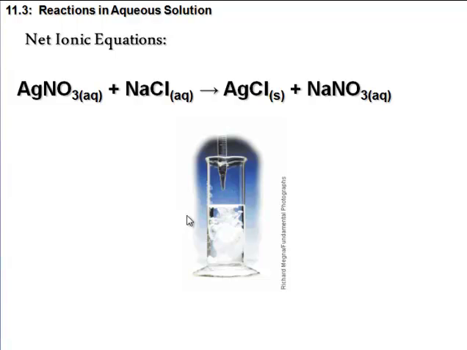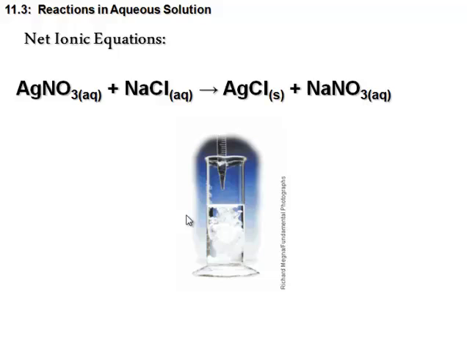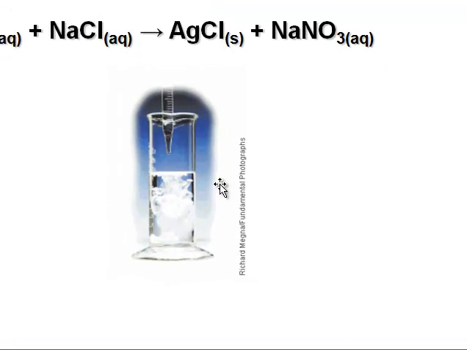Now you see this reaction up here, and this is obviously a double replacement reaction. You have silver nitrate, which is aqueous, which is dissolved in water, and sodium chloride, which is also aqueous. It yields silver chloride. Notice the silver chloride is a solid.